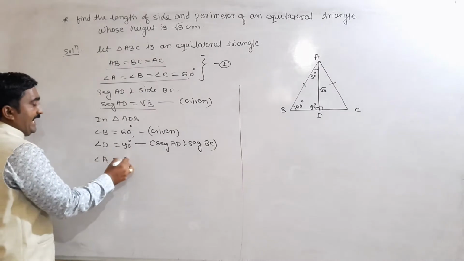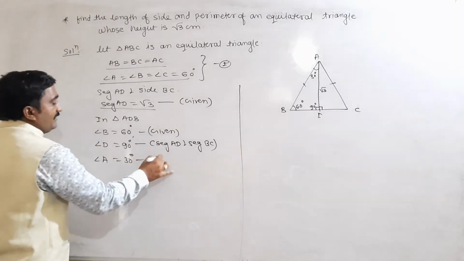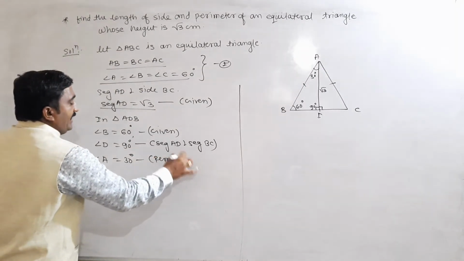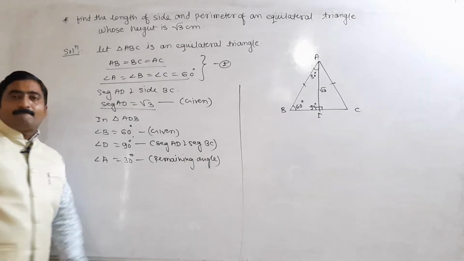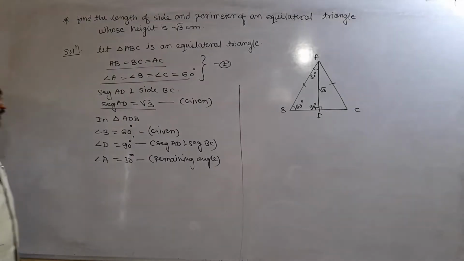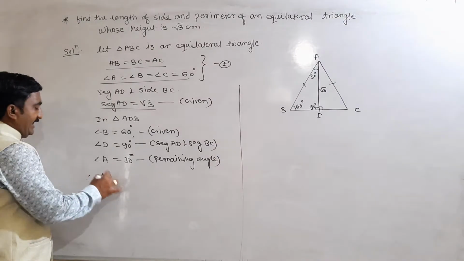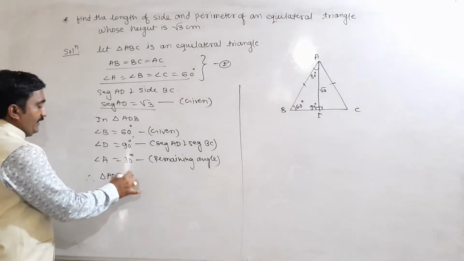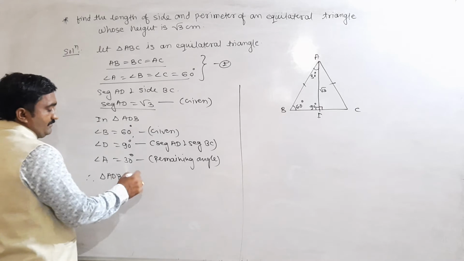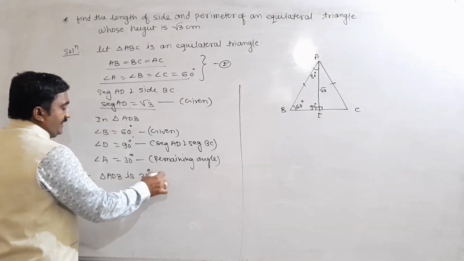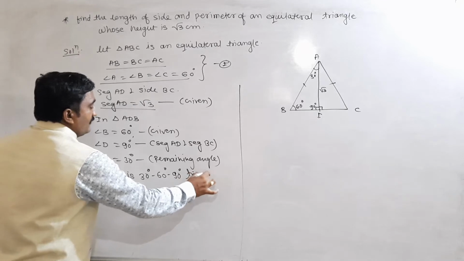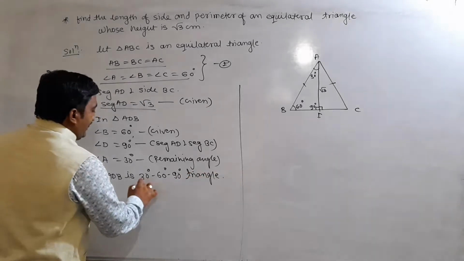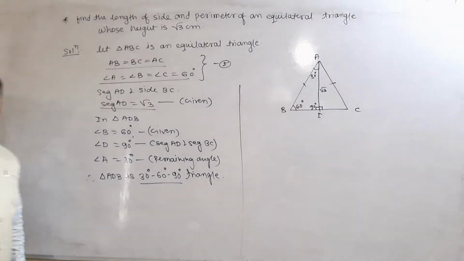Therefore, the remaining angle A is equal to 30 degrees. So triangle ADB is a 30-60-90 degree triangle.